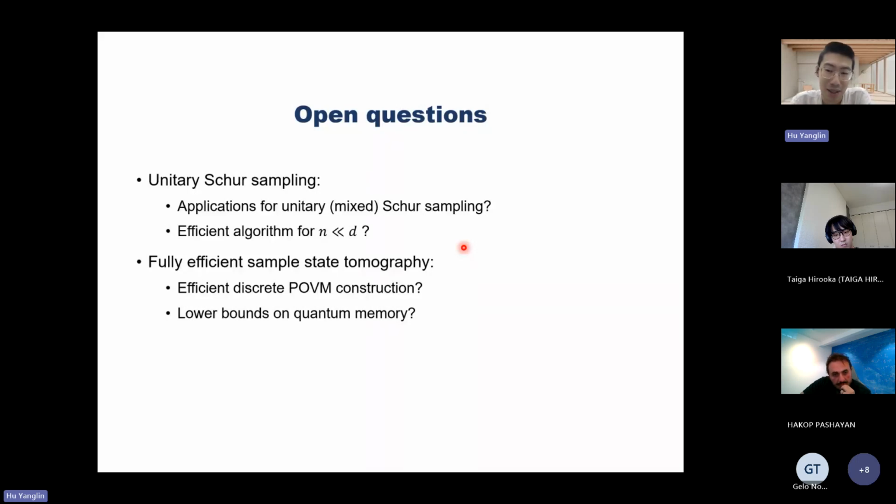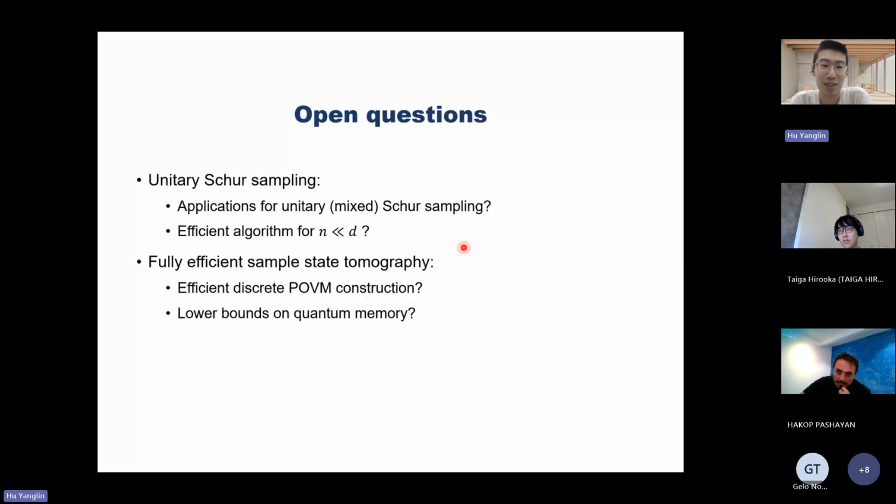This is a long-existing problem, and people have looked at it for a long time, but there is not much progress so far.